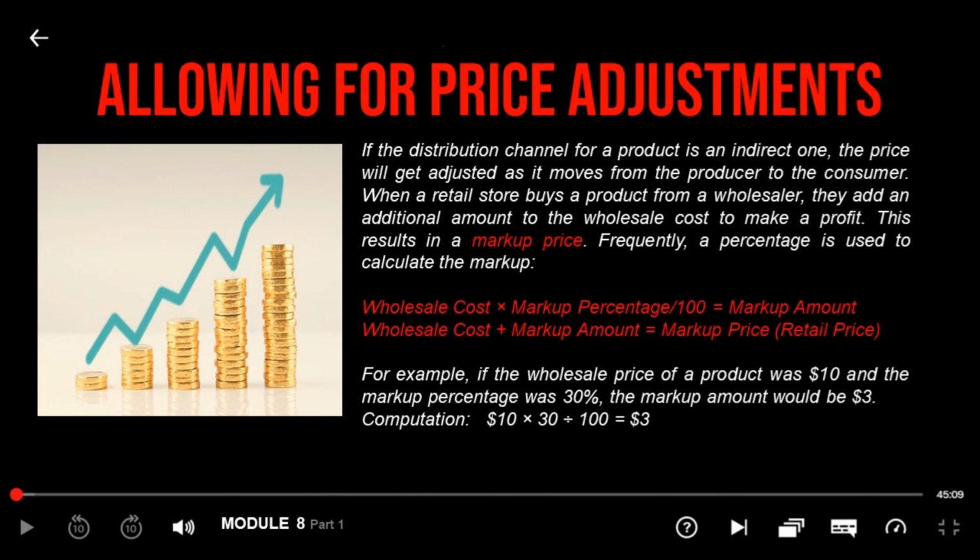The 50 pesos added on the price is the profit or the markup price. And here we have the calculation on how to get the markup price, which is wholesale cost times markup percentage divided by 100, which is where we get the markup amount, and wholesale cost plus markup amount, where we get the markup price or the retail price.